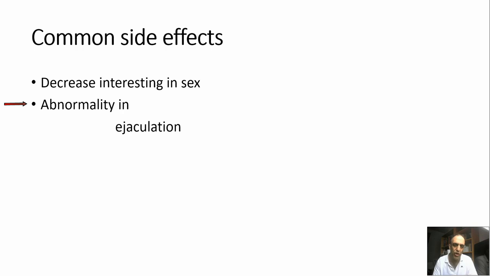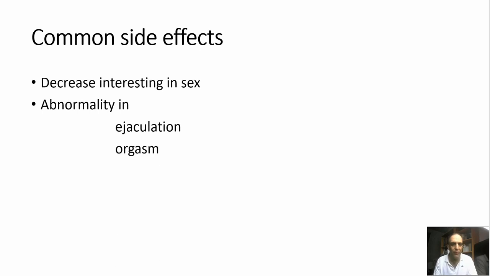Sometimes the ejaculation stops, and sometimes it takes longer. Abnormality in ejaculation is the most common, where the ejaculation stops and doesn't work. But in some persons maybe it is the opposite, and the ejaculation will be higher and for a long time.